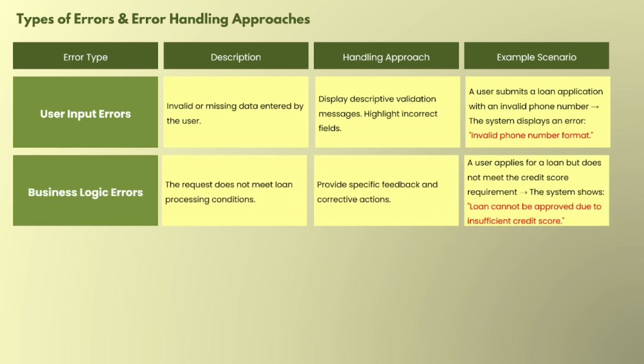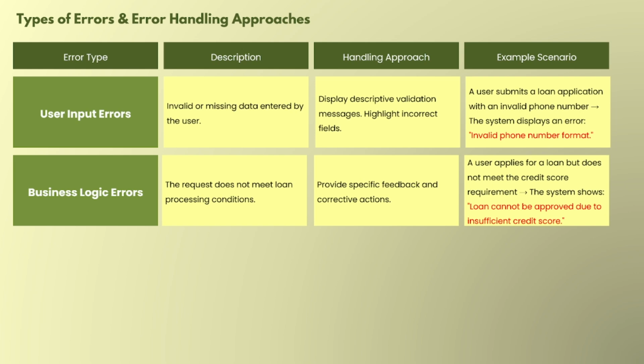Then there are other errors also, business logic error. This is interesting. What happens generally is the request does not meet loan processing conditions. So here we need to provide specific feedback and corrective action to that particular customer who is entering such data. The example is quite simple here. A user applies for a loan but does not meet the credit score requirement.